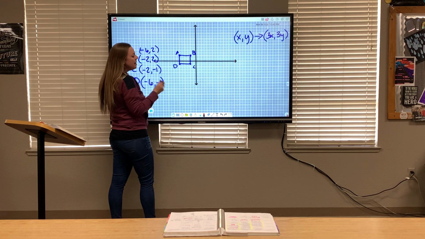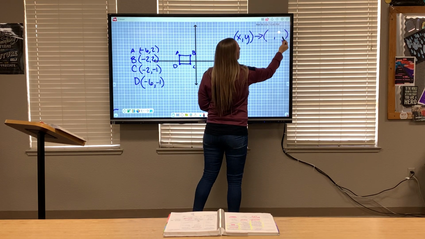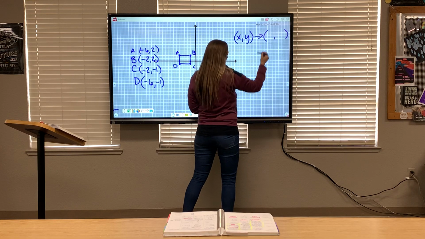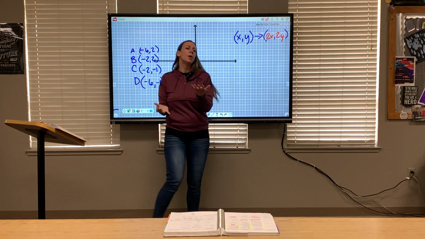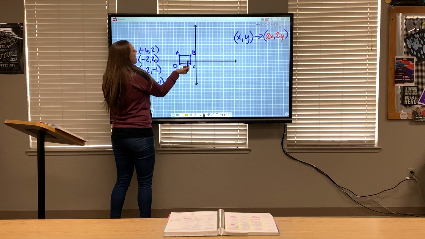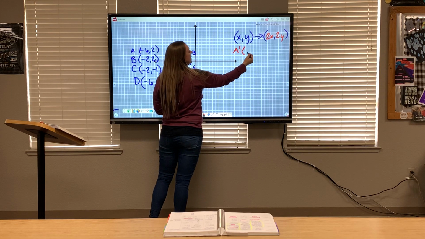Ooh, that's really big. Let's go ahead and we'll change this to 2x and 2y. Then that way you can actually see what we're graphing. So this would be a -12.